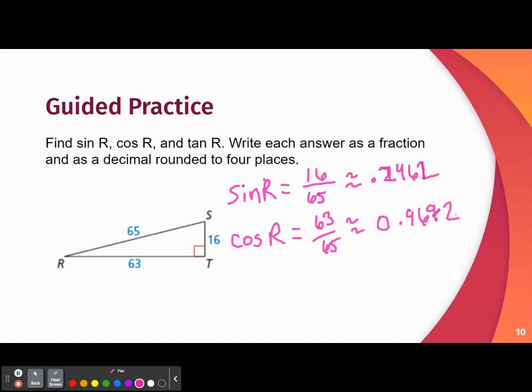Alright, what about tangent of r, Colton? 16 over 63. You said that's approximately what? 0.2540. Okay, awesome. Alright, you need to copy these triangles down on the independent practice.